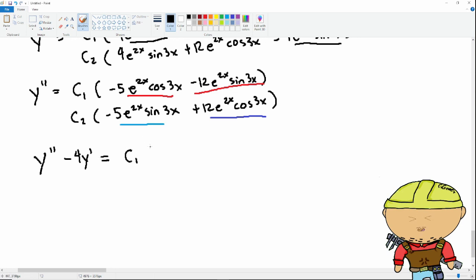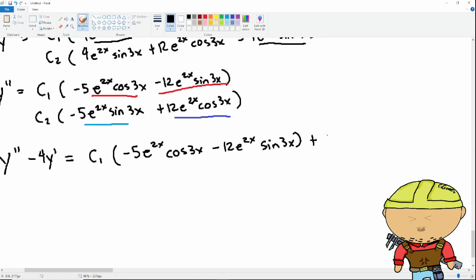So, for C1, we have for y double prime, negative 5 e to the 2x cosine 3x minus 12 e to the 2x sine 3x. For C2, I'm going to write C2 on the right side: negative 5 e to the 2x sine 3x plus 12 e to the 2x cosine 3x.